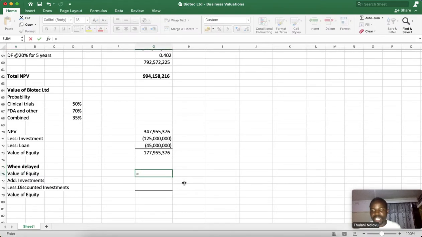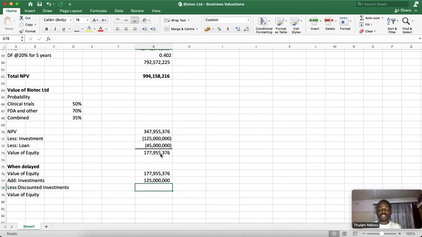So the easier way, we will say the value that we have got, we will add back 125 million. Now we will less this 125 million discounted because now is now incurred in year 1. So we'll discount by 1 year, and also it will have to be affected by the combined probability.